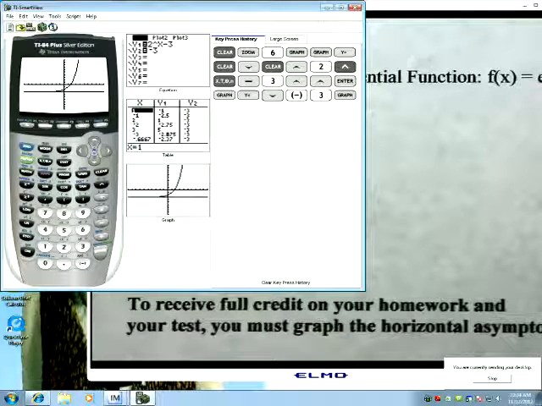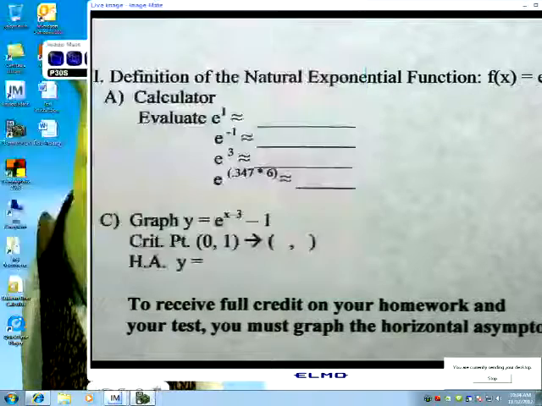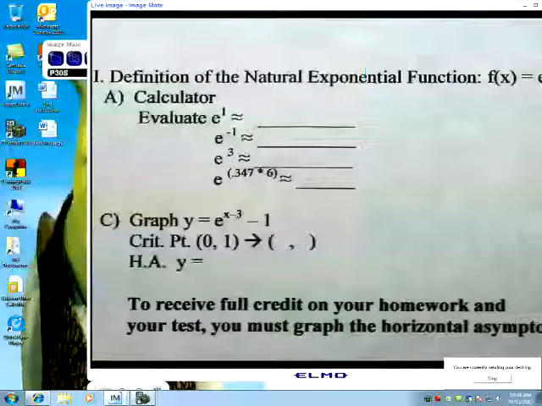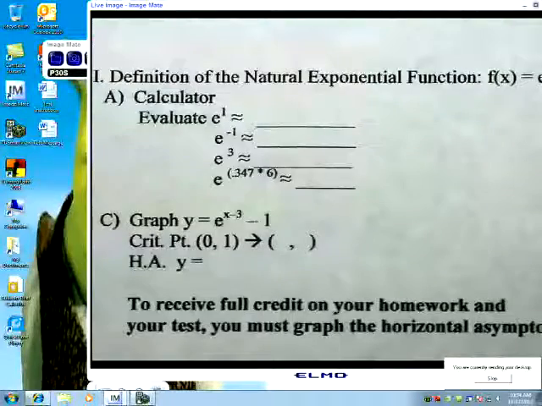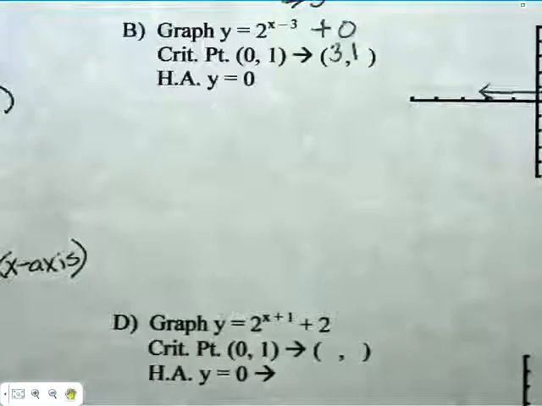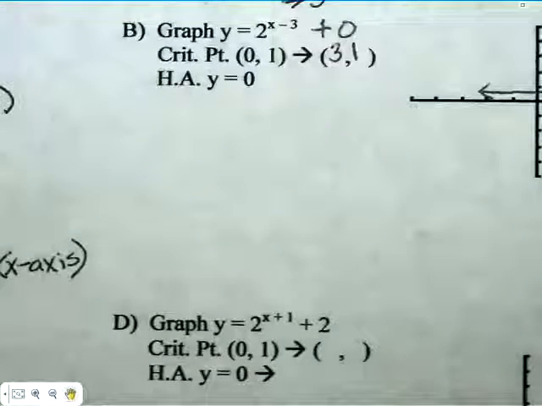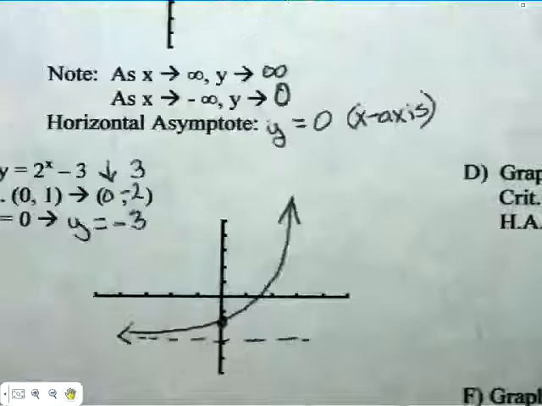Otherwise, you're just copying down something off your calculator. So we have to graph that line together. That's the horizontal asymptote. It doesn't go through the critical point, it's just below the critical point.